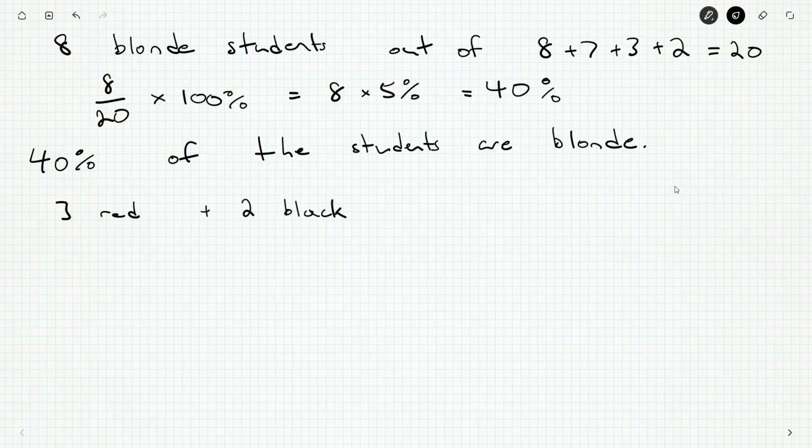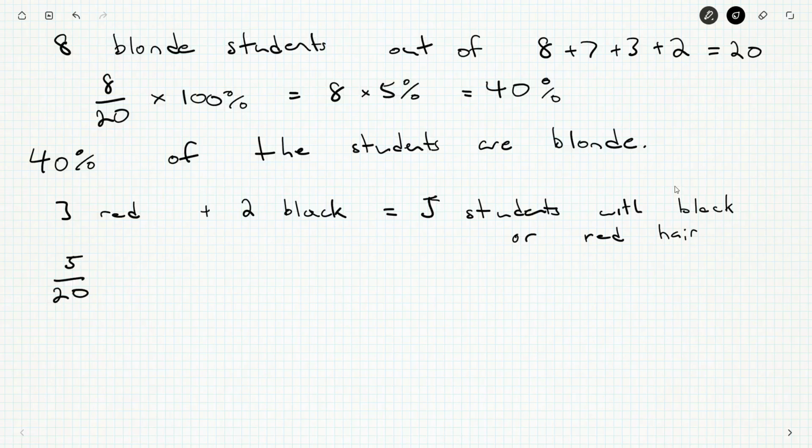So having black or red, there's 5 students with black or red hair. You don't need to use complete sentences, but it is a good idea to at least talk a little bit about what you're doing. So 5 out of, and we don't need to recalculate it, we know from the earlier part that it's 20 students. So 5 out of 20 students, or 1/4, have black or red hair.